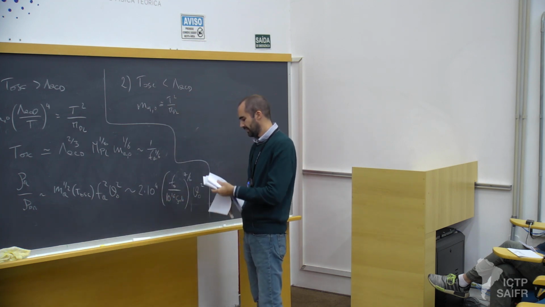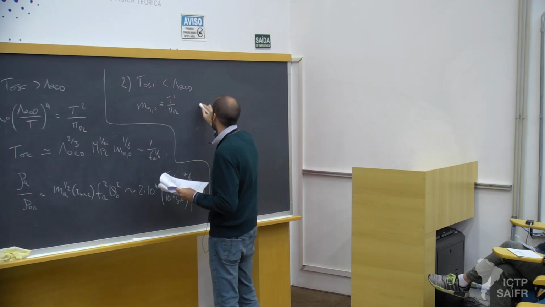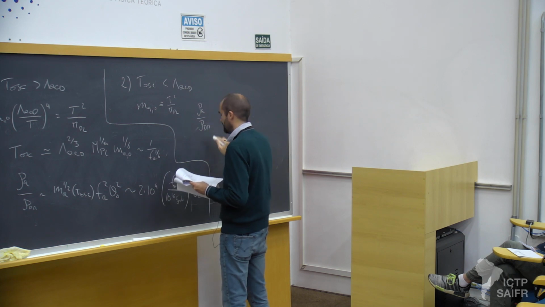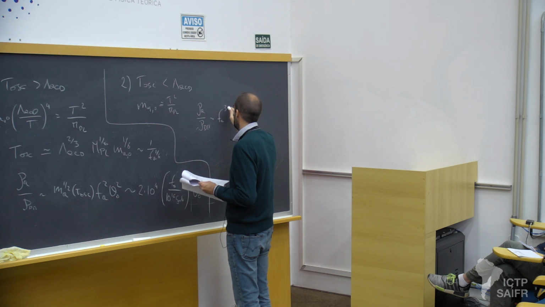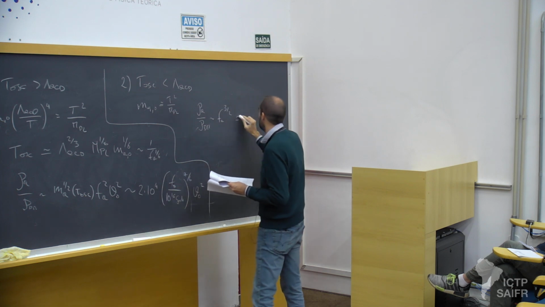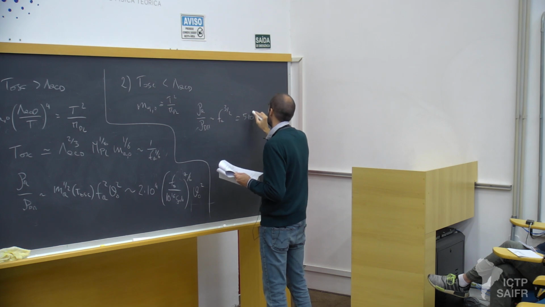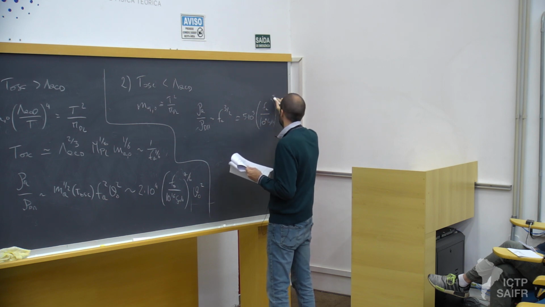So in this case, well, again, if you plug everything in this ratio, you're going to get that it roughly scales like FA to the 3/2. And if you put the numbers in practice, you're going to get 5 times 10 to the 3 times FA over 10 to the 16 to the 3/2 times theta 0 squared.